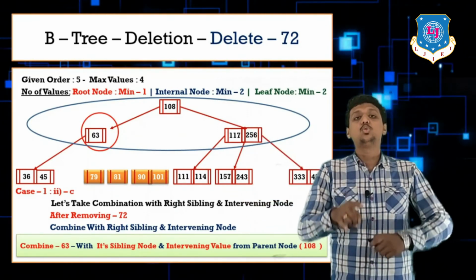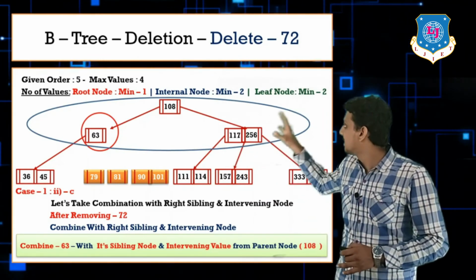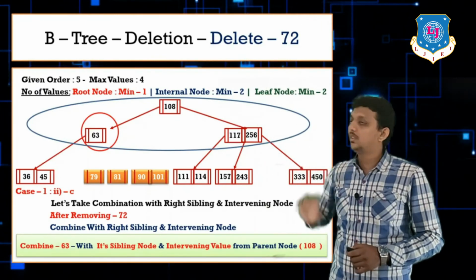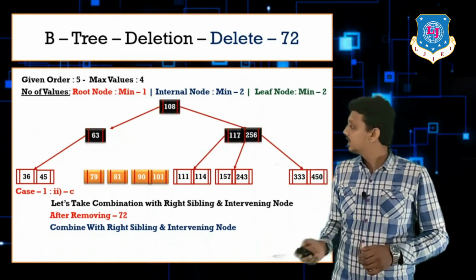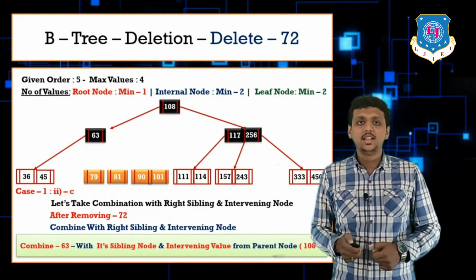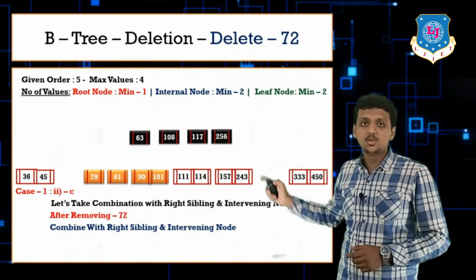That's why I need to combine 63 with its sibling node and the intervening value of the parent node. So these four values are going to combine together, and it goes like this.